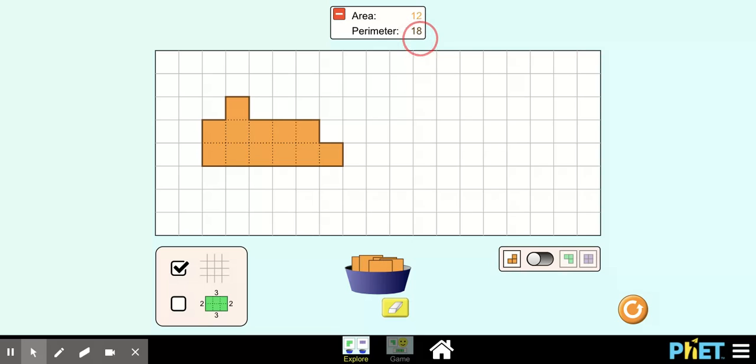The reason that the perimeter is 18 units is because I have more sides of this square exposed now. What would happen if I moved this square? Still 18 units, but what about if I moved this one too? And this one? Now we're up to a perimeter of 20 units. Our area has stayed the same.